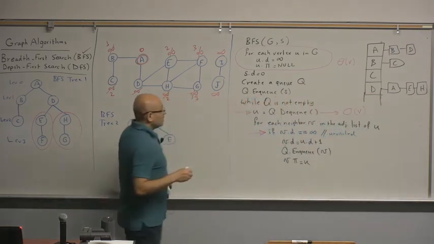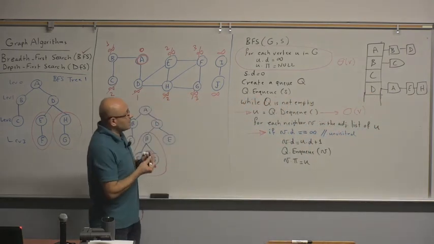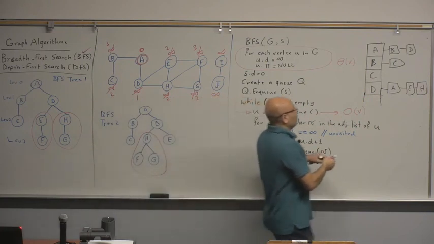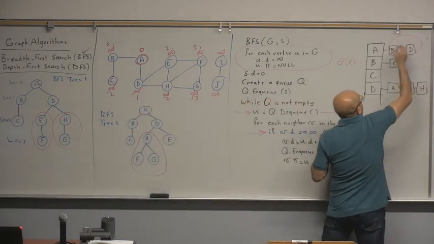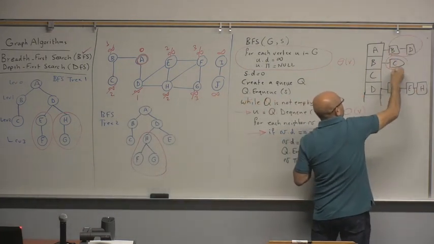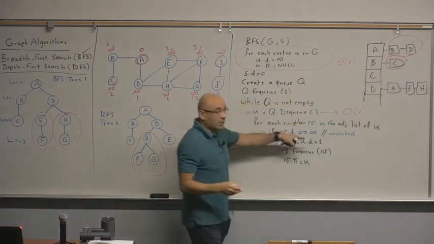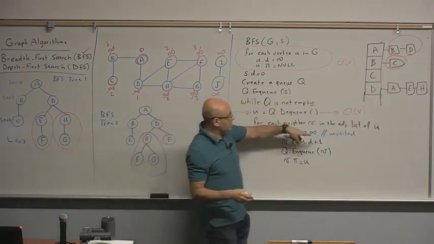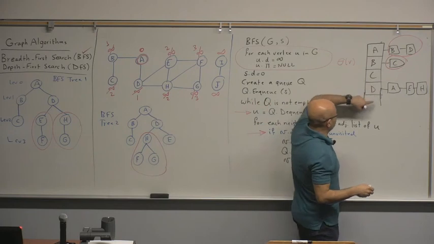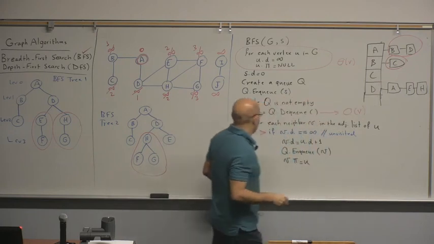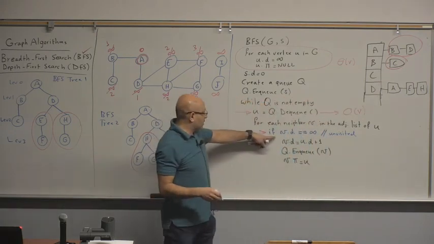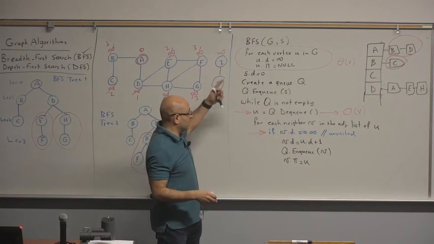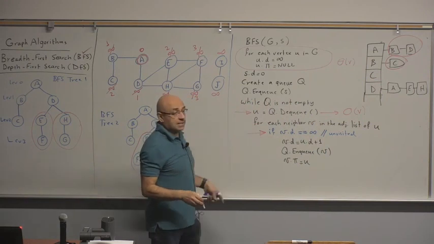Okay, so now when we process A, we will go through these. When we process B, we'll go through these. So the blue line will get executed this number of times. When we process C, this will not get executed, because the adjacency list of C is empty.